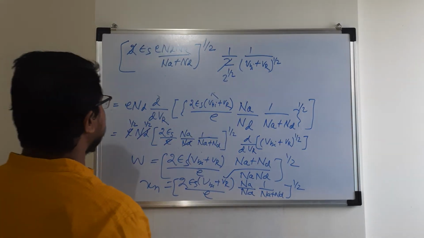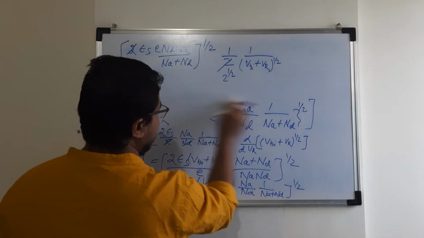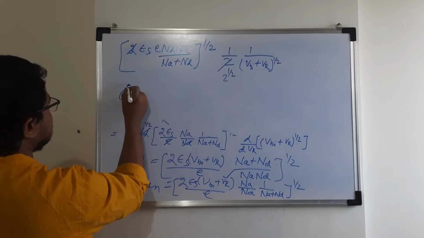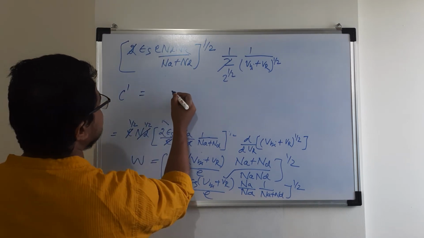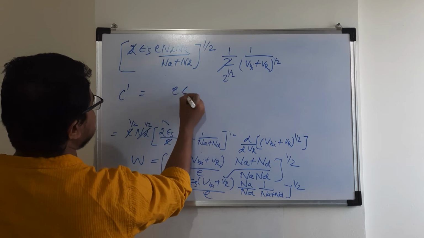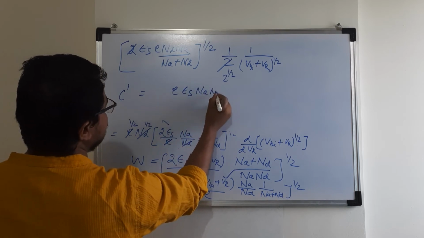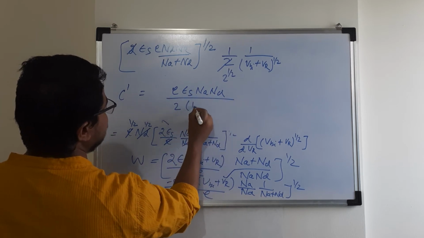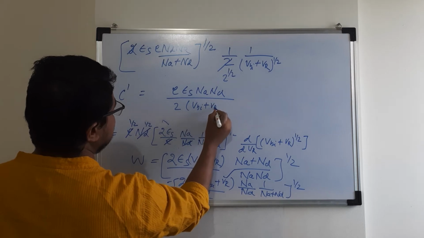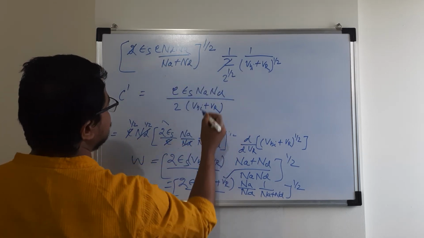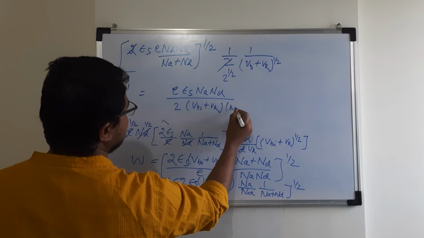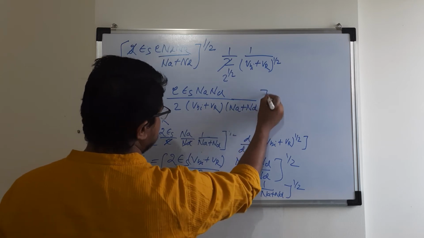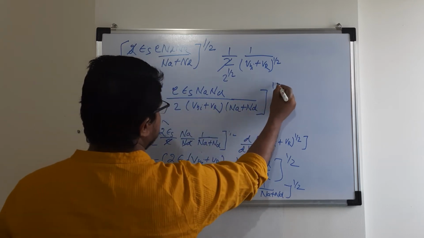So now finally we can write the junction capacitance in a simplified form. We got C dash equal to epsilon s Na Nd, divided by 2, and then you have Vbi plus Vr, this is 1 by 2, this is also 1 by 2, this is also 2 to the power 1 by 2, and Na plus Nd, all these things to the power 1 by 2, right?